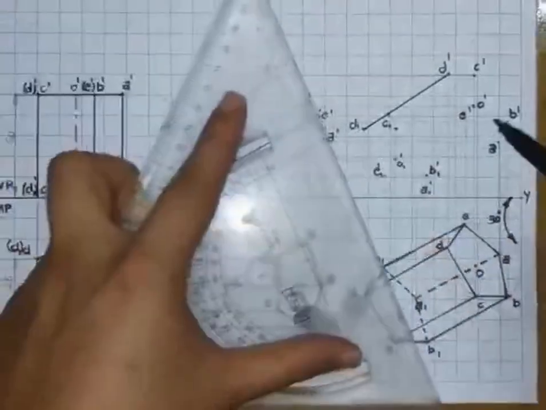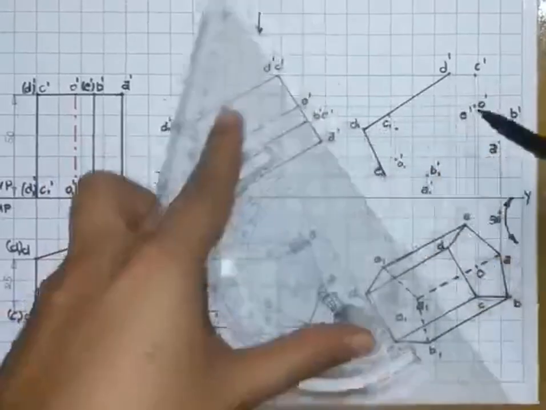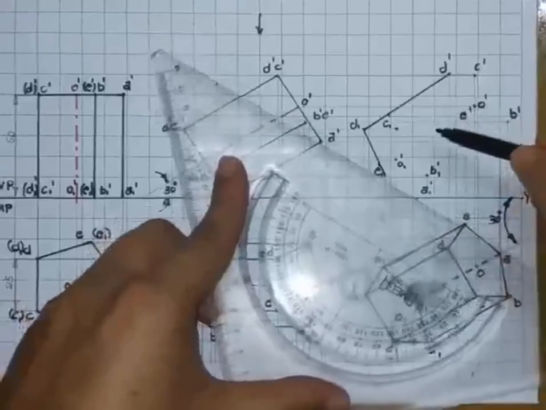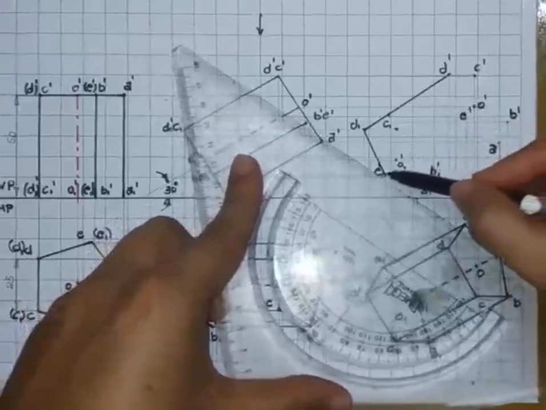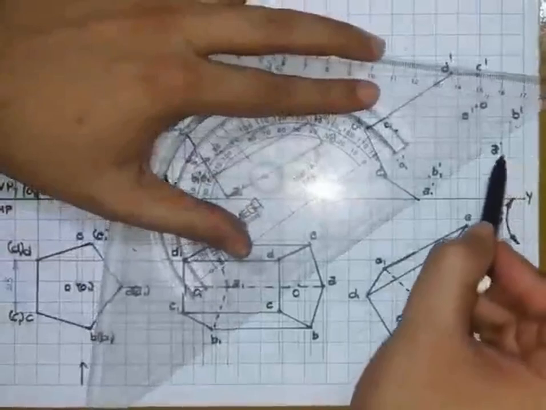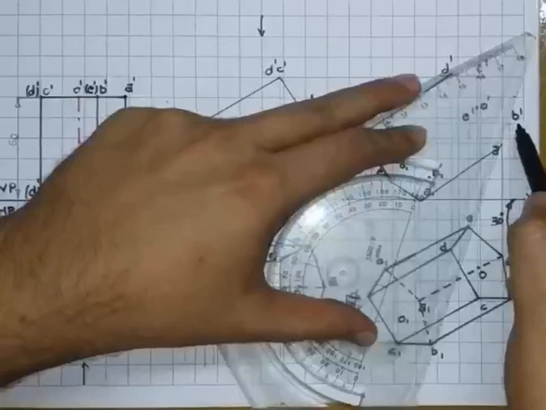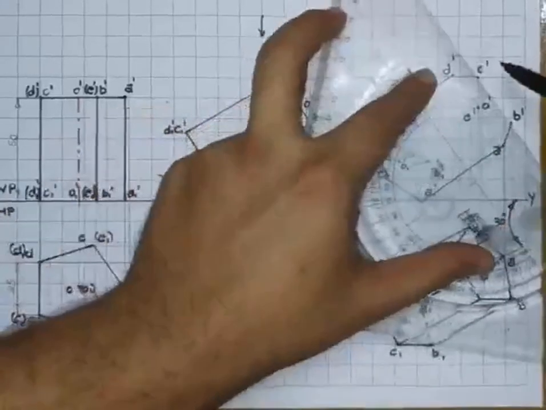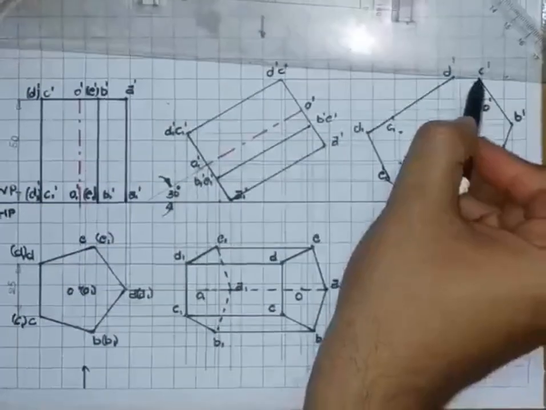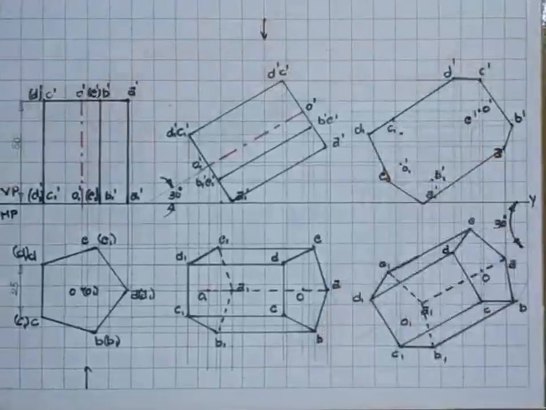Then D1 to E1, E1 to A1, then A1 to A, then A to B, B to C, and C to D. So first of all, we need to connect all the boundary points.